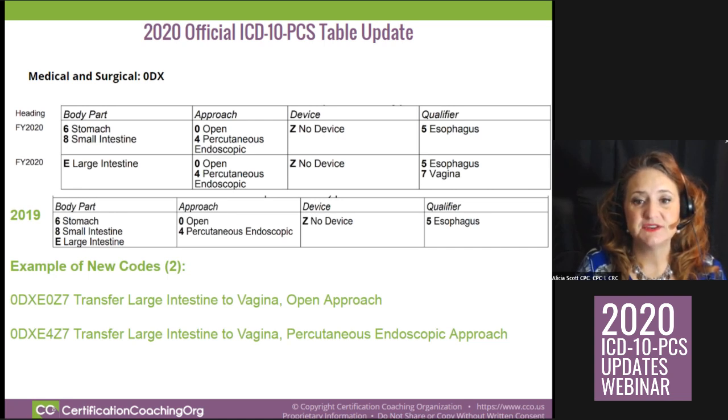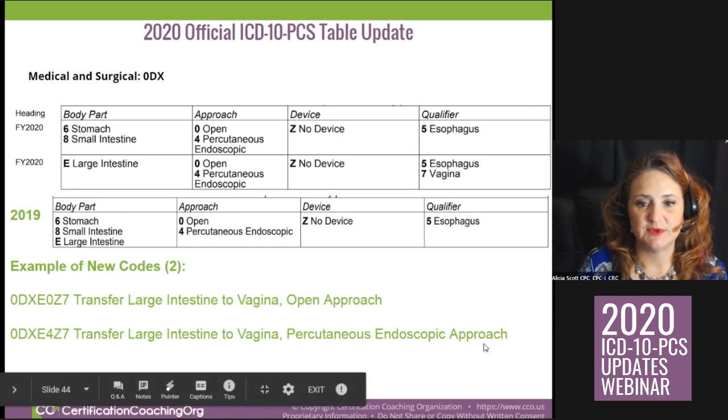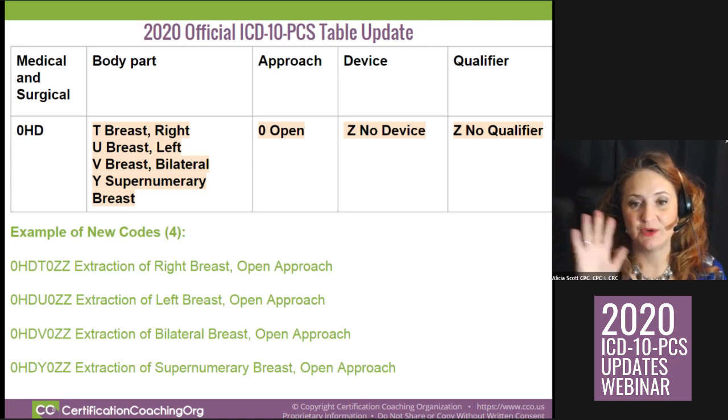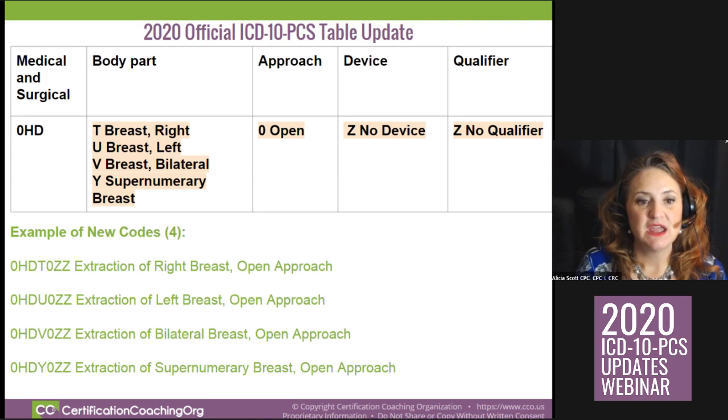Okay, see the difference here, that we now have this esophagus qualifier and esophagus vagina, whereas we didn't have that before. So again, I would love to know more about why they would do that, and I'm sure somebody out there knows, can educate me. I always like learning something new.